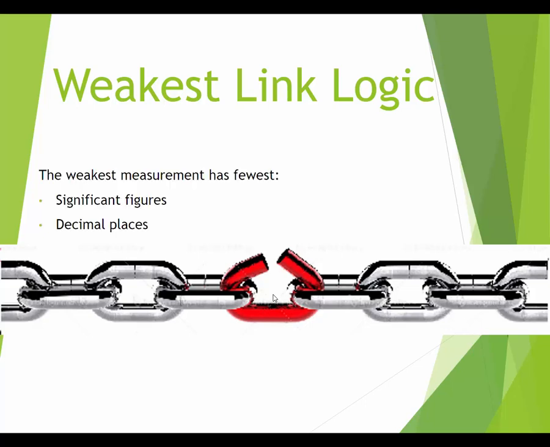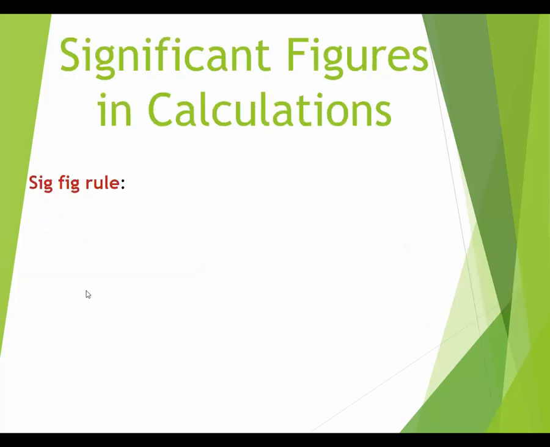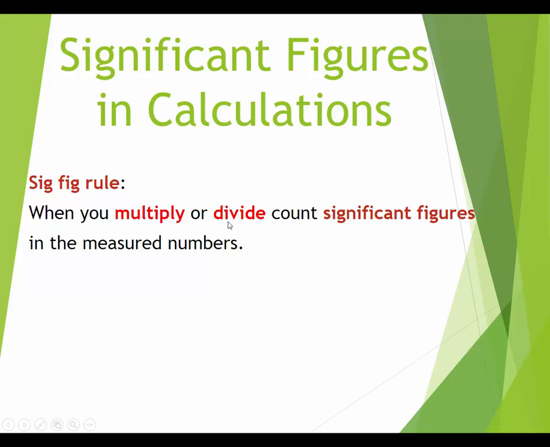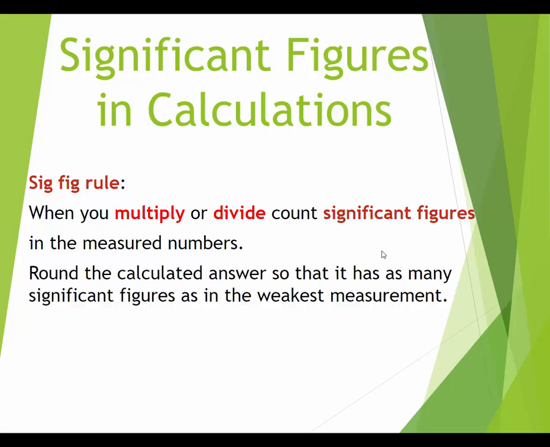It depends on the case. The significant figure rule is for multiplication and division. I will be counting the number of significant figures in each of those quantities that I need to multiply and divide, and I will give an answer that has as many significant figures as in the weakest measurement.